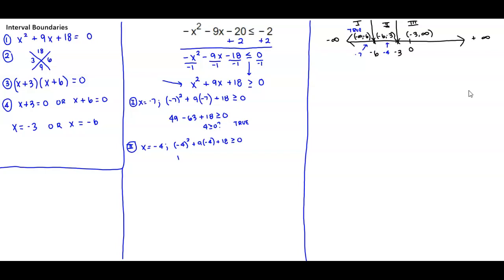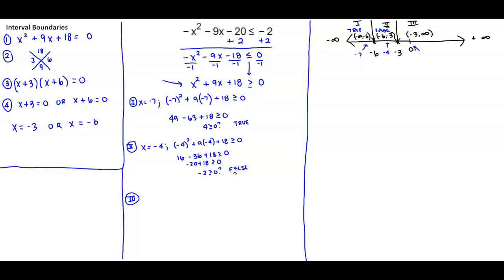Negative 4 squared is positive 16. 9 times negative 4 is negative 36, and that's plus 18. 16 minus 36 is negative 20, and plus 18 gives us negative 2. Is negative 2 greater than or equal to 0? Well, it's false. So therefore, it's false for interval 2.